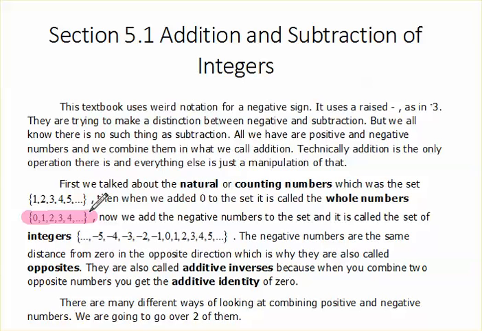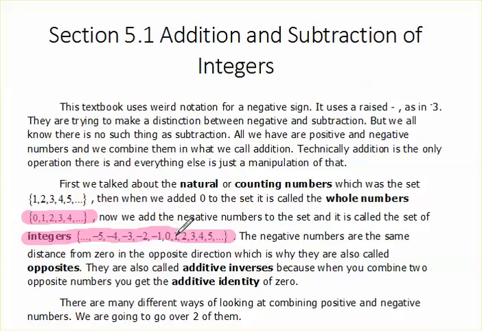All right, now we're moving a little bit further ahead, and we're going to add the negative numbers into the set. This is called the set of integers. So integers are the positives and 0 along with the negatives. And if you'll notice, the negative numbers go in the opposite direction.